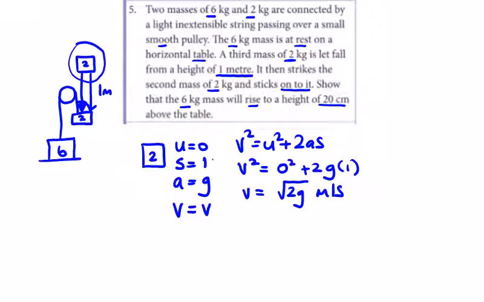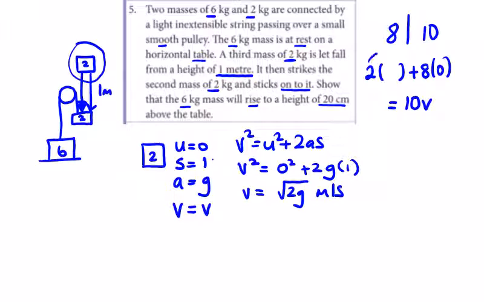So then we have a closed system of 8 kilograms and then a new system of 10. So our system has changed from 8 to 10. What's going on before is there's a 2 kilogram mass moving with speed, and there's an 8 kilogram mass at rest. And then what's happening next is that there's going to be the whole system moving with a speed of v.